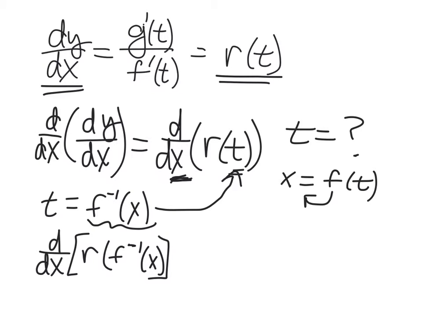Now, ultimately here we are taking the derivative of a composition of functions. So to take the derivative of this, we need to do the chain rule. Okay. So we take the derivative of the outside. Maybe let's write it a little bit differently.